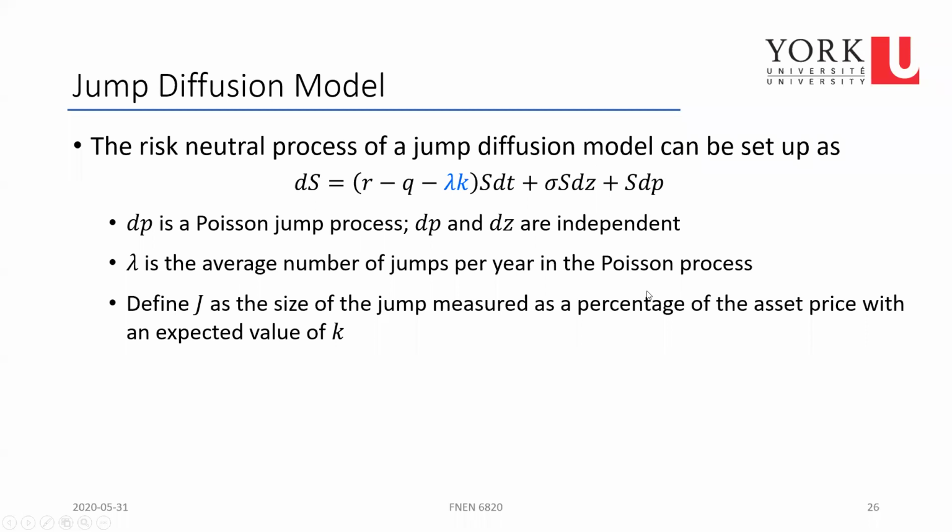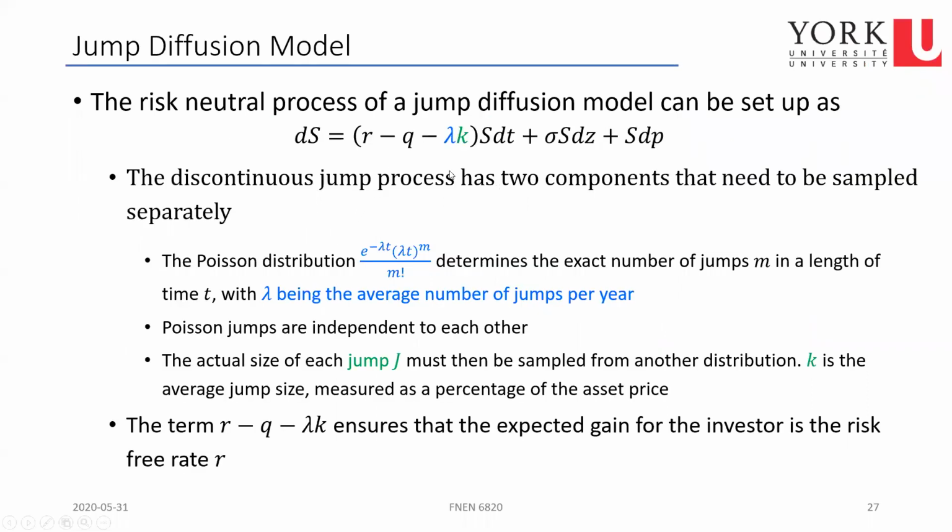So let's take a look at some of the parameters here. Now in the change here, this Poisson jump follows the Poisson distribution, and this distribution determines a number.